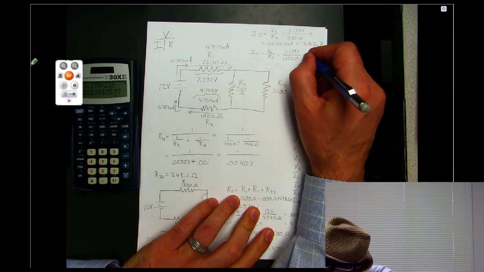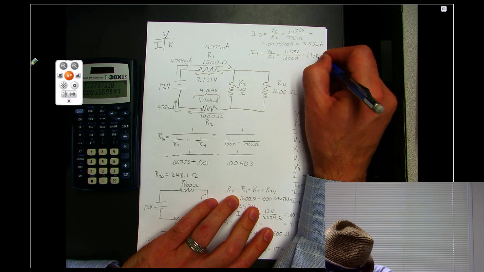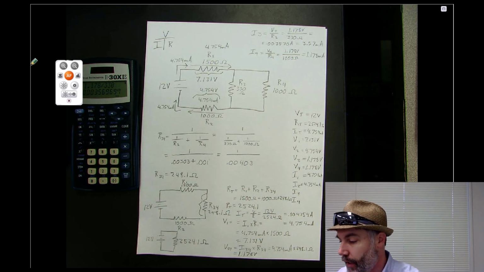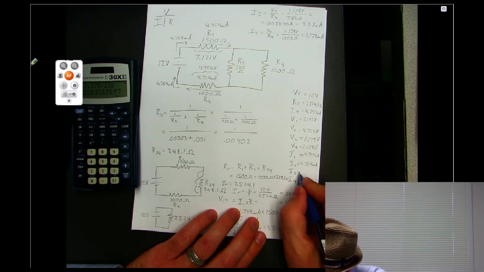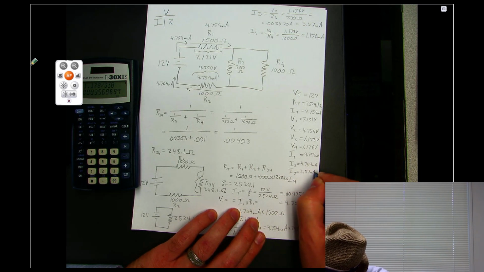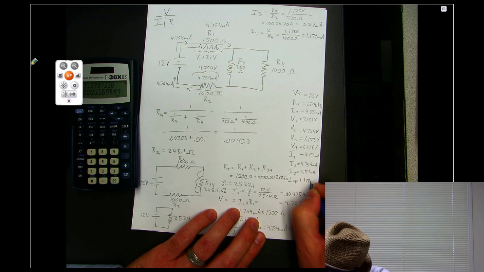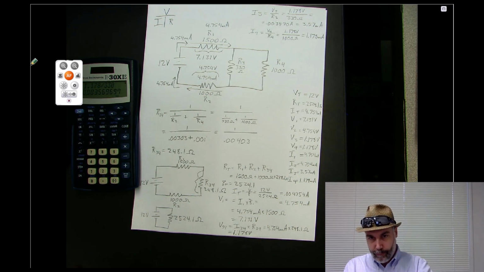So that would be 1.178 milliamps. Okay? So then we can write down those values. I3 is 3.57 milliamps, and I4 is 1.178 milliamps. Okay, so that's everything we needed to figure out about this circuit.